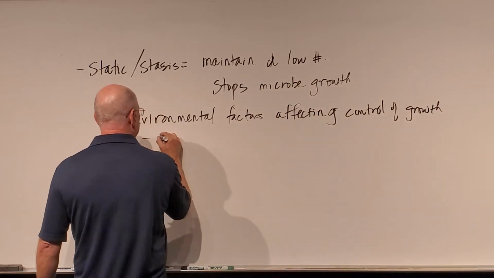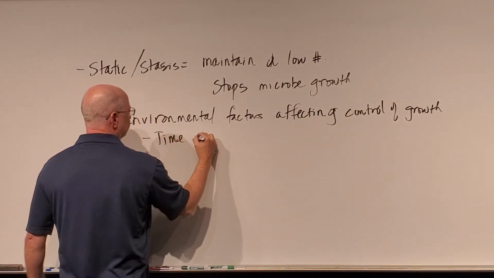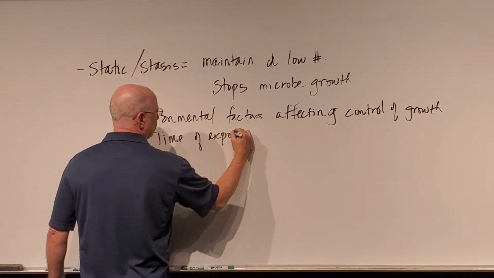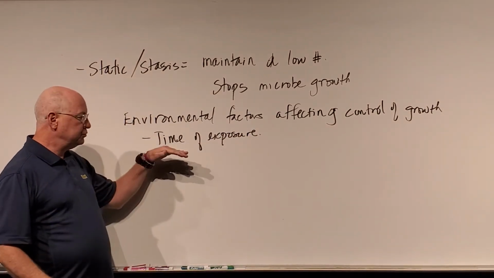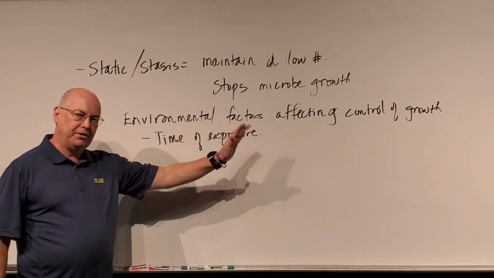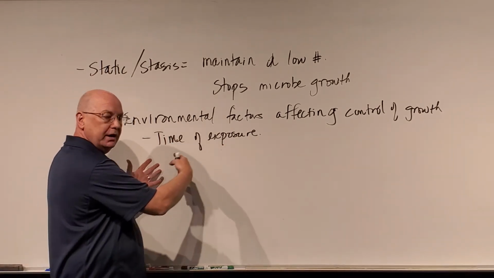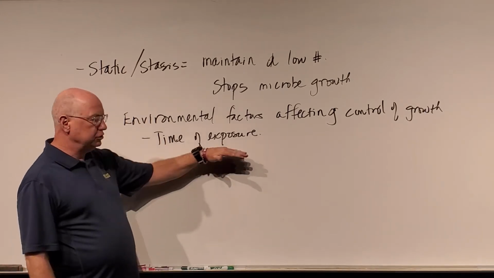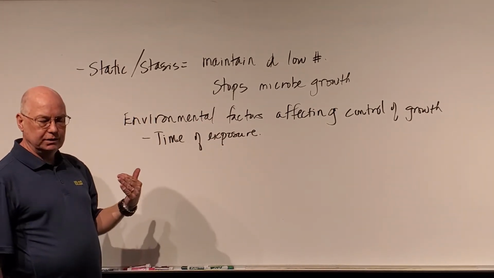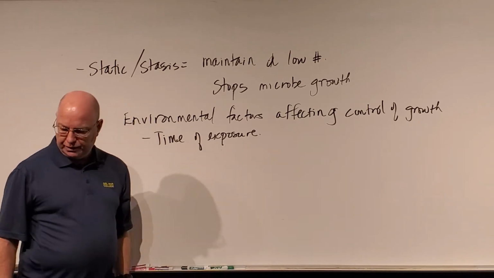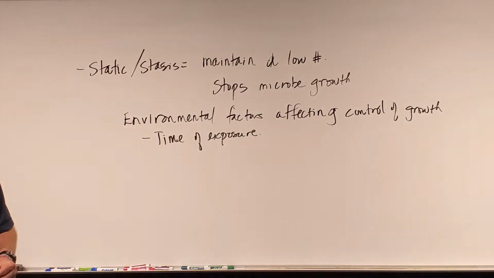One of them is the time of exposure. How long does it take for this particular substance to wipe out all the bacteria? How long do I need to expose a microbe to some chemical to wipe them out? So we talk about the death times and other things, and we'll talk about some of these in just a minute.